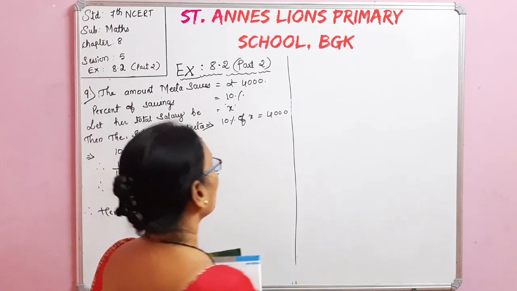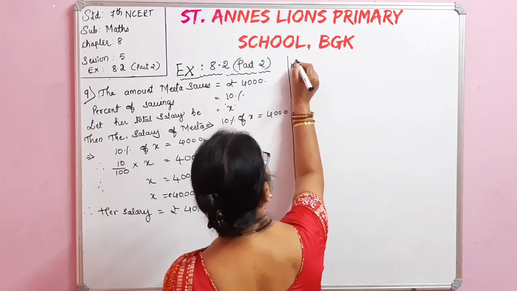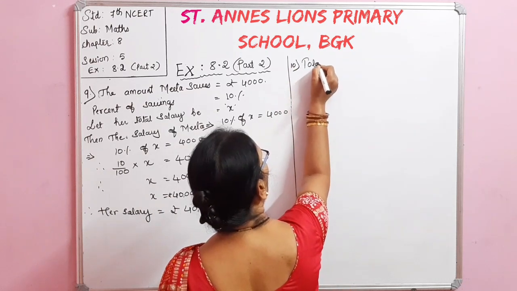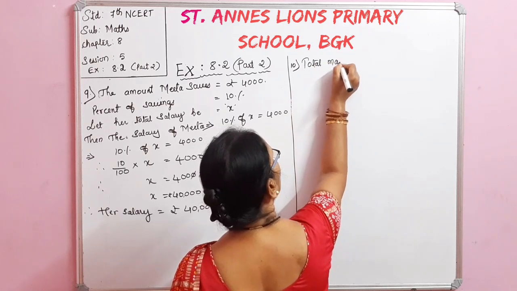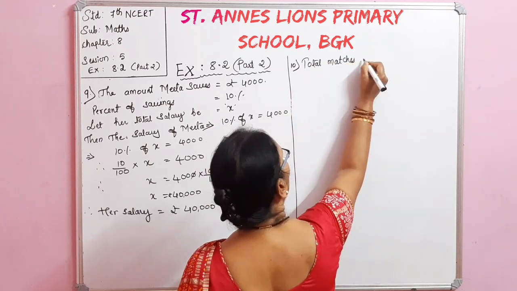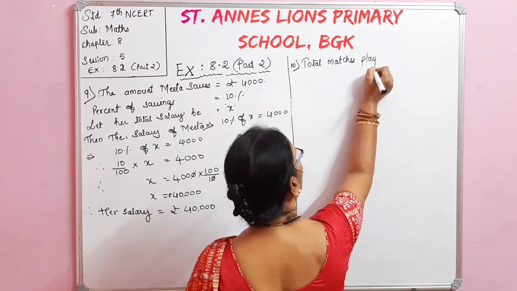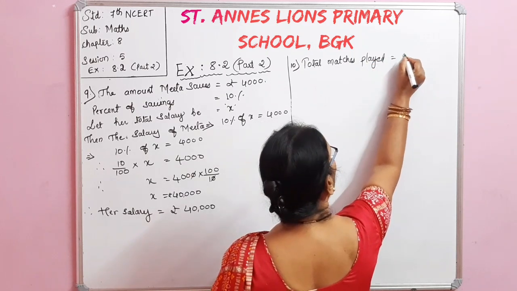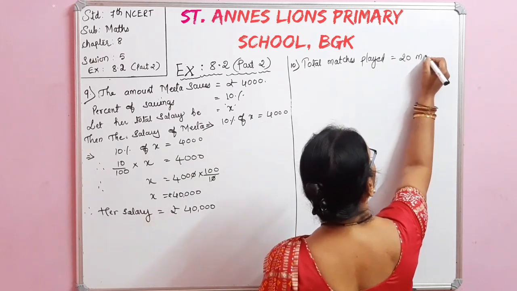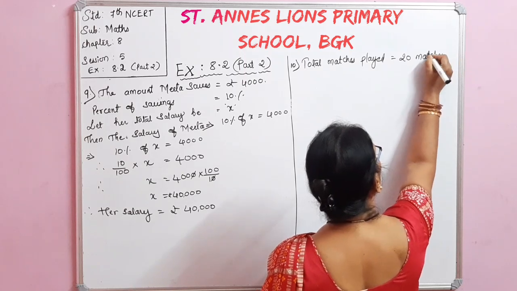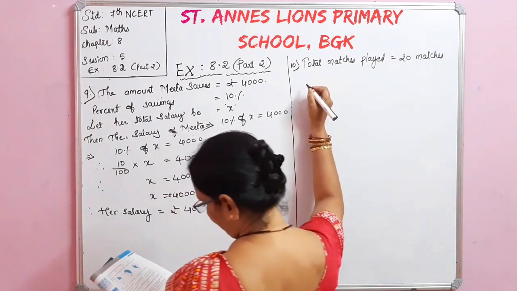So total matches played is equal to 20 matches. 20 cricket matches they played.